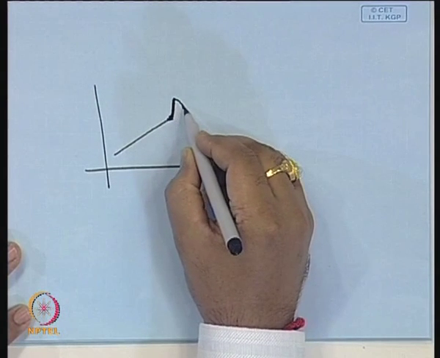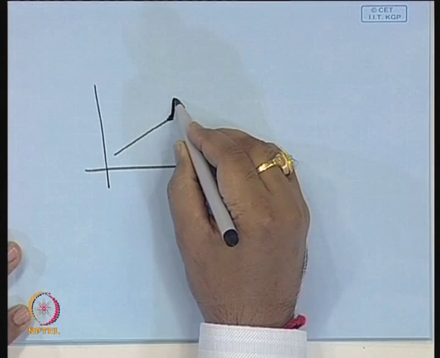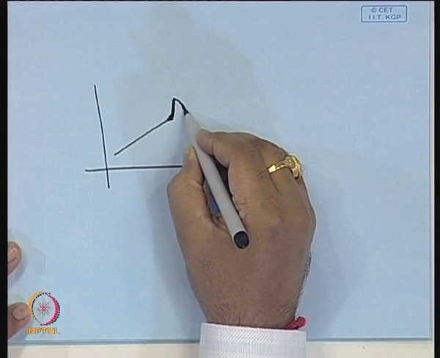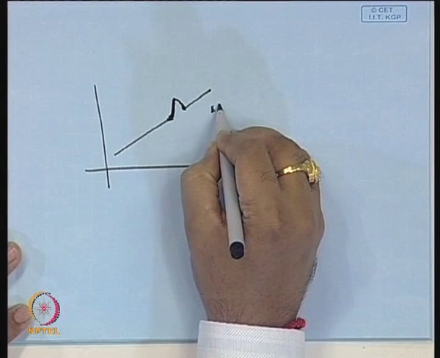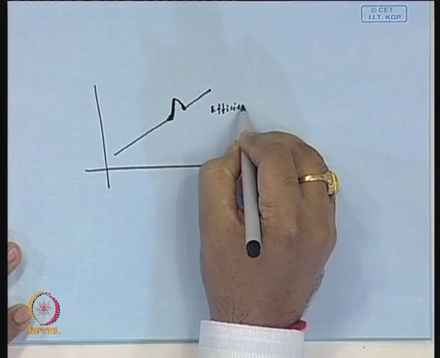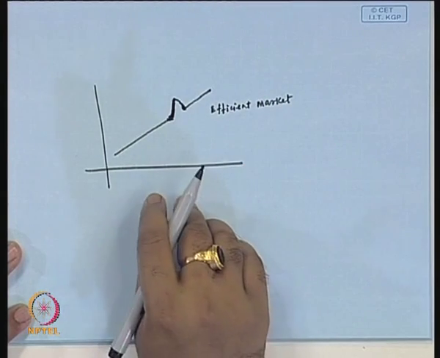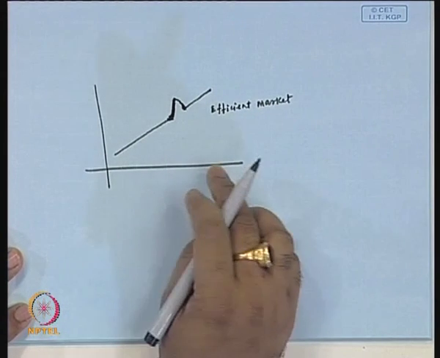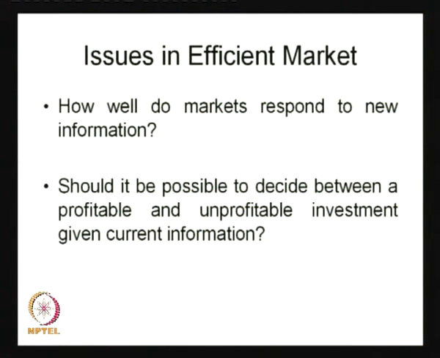If the market responds to that information, goes up, and automatically stabilizes after some time, then we can say the market is an efficient market. That means how fast this particular market can accommodate or respond to the new information available to the system.